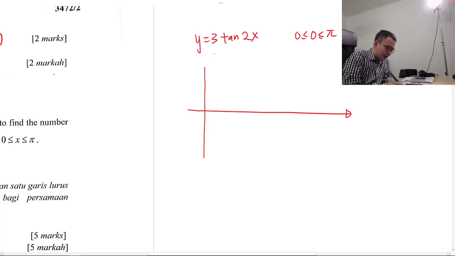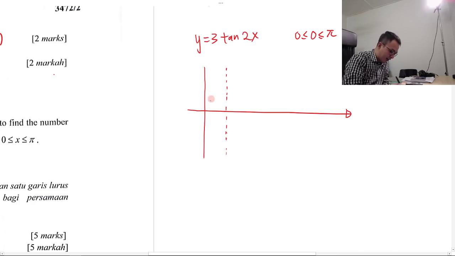So for tangent 2x, we know the period for it. Tangent is always equal to pi. That means x is equal to pi over 2. So that means this is my one cycle. One cycle of tangent is pi over 2. So that means I will do something like this. I will do the dotted line here.